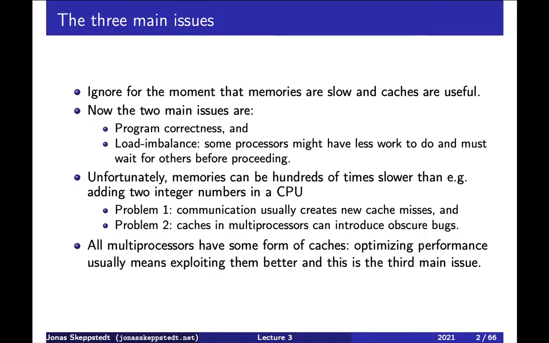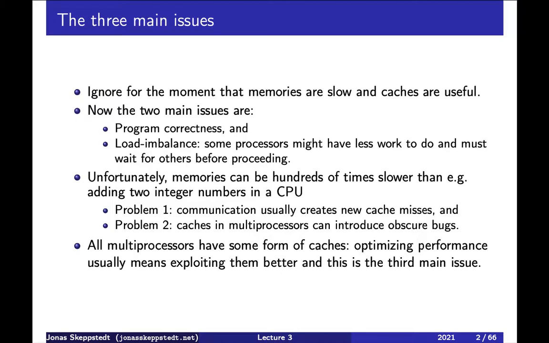Another aspect which is really important to get good performance is load balance. If we don't have load balance, then some processors will work more than the others, and since the execution time is determined when the last work item is completed, it is very important that all parts of the machine work approximately as much as the others.